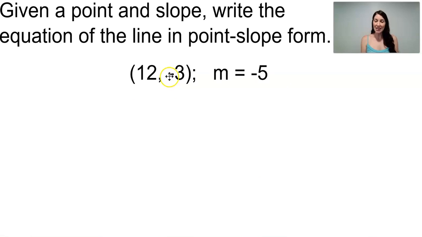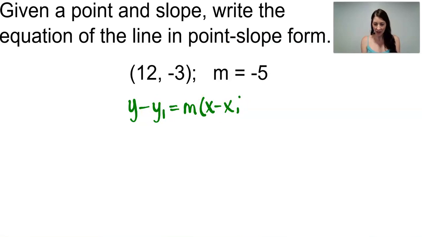Here we are given a point and a slope, and we are asked to write the equation of the line in point-slope form. So once again, remember point-slope form is y minus y1 equals m times x minus x1. And the point that we're given, that's going to be the (x1, y1), and the slope we identify as m.